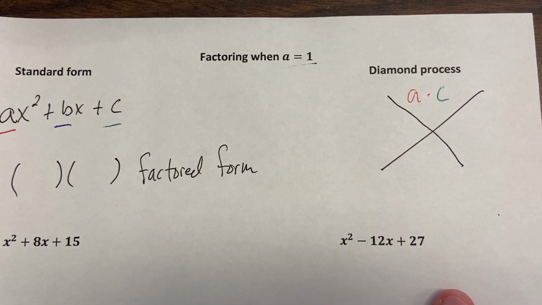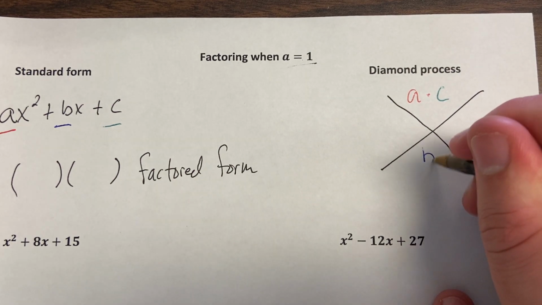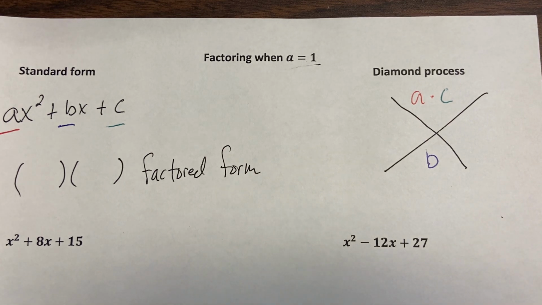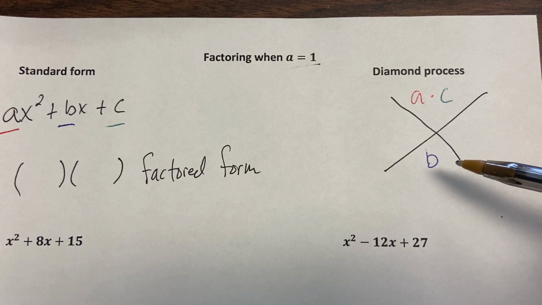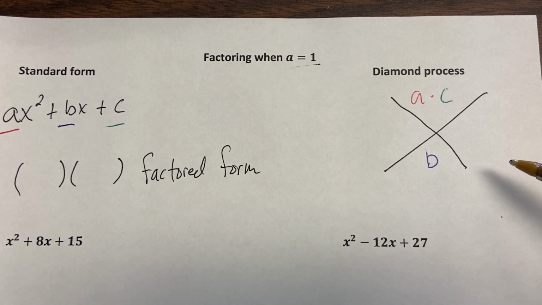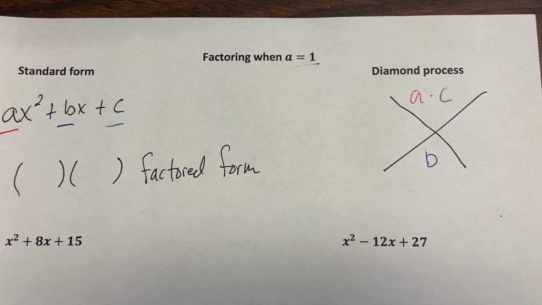And then the bottom is the b value, so b bottom. Remember the diamond template: the multiplication goes up, the addition goes down. So this is the template that we're going to use.